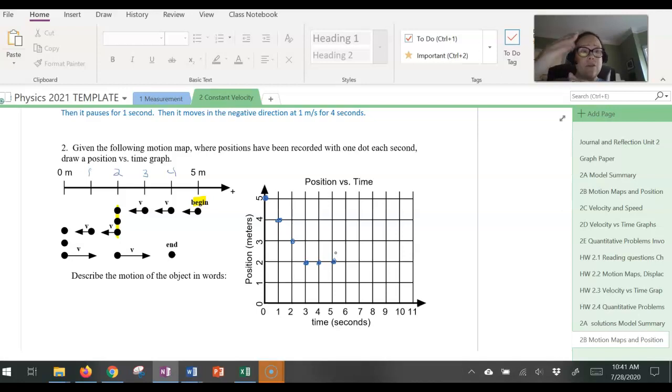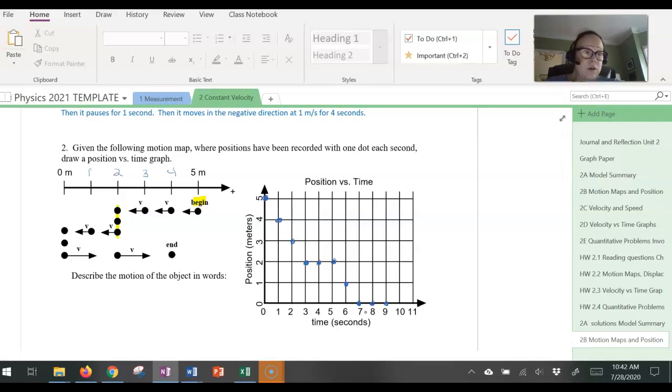Notice that I have 3 dots stacked up there, but the second is the amount of time between the position dots. Okay, and so at time 6 it moves to position 1, and at time 7 it moves to position 0, and then it stays at position 0 for the next 2 seconds. Then the object begins moving back in the other direction.